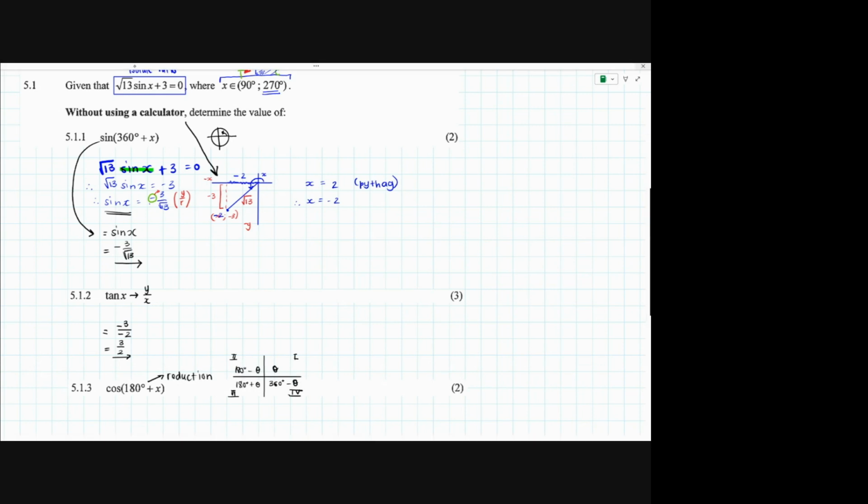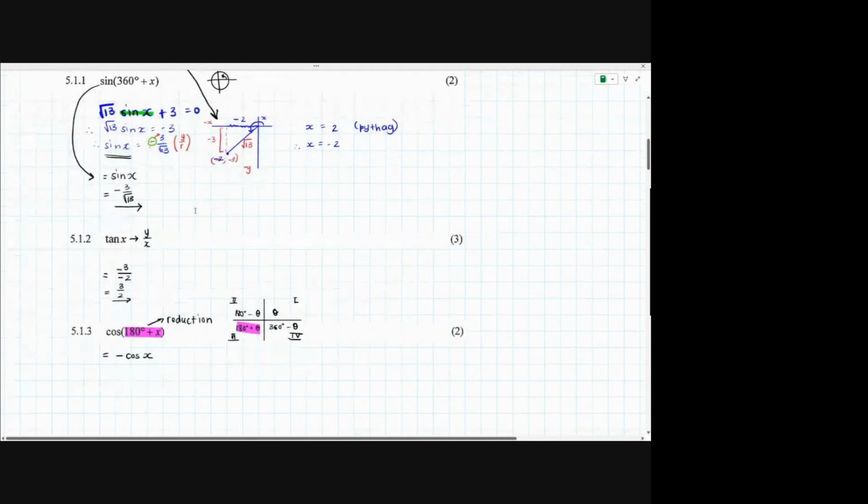So this 180 plus x is referring me to quadrant 3. 180 plus x, 180 plus theta, whatever you want to say, it doesn't really matter. We're now working in quadrant 3. That is helpful to me because I know in quadrant 3, cos is negative, and so this actually just reduces to a negative cos x.